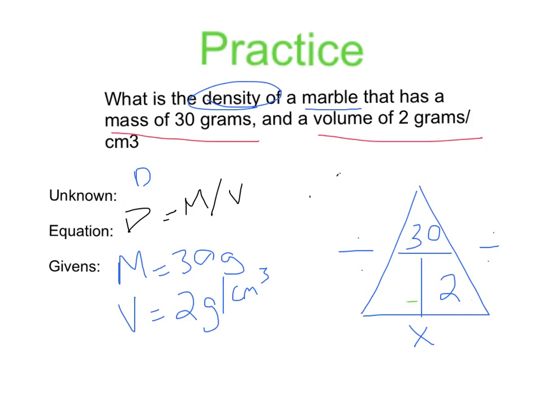In this case, we're trying to find density. So density is blank, but we do have 30 divided by 2. Density equals mass divided by volume. If you plug that in, your density would be 15 grams per centimeter cubed. This is why this triangle is really, really important. It helps you do problems very quickly.